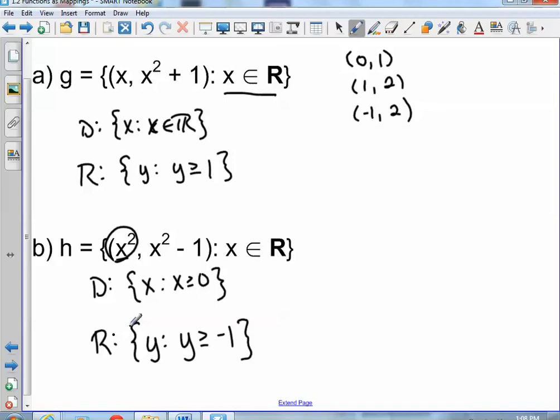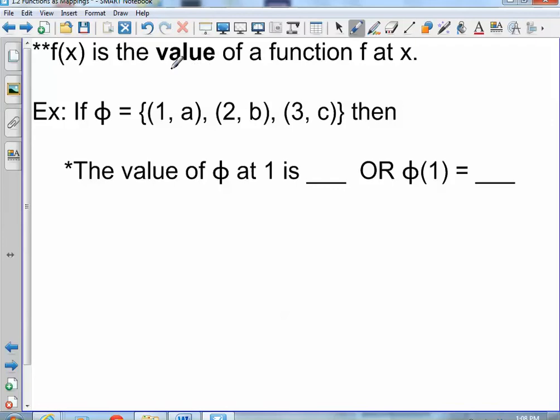We need to get used to some terminology. When I ask you for the value, that's your y. So f of x is the value of a function f at x. It's the y value when you have a specified x variable. So let's say our function phi is 1a, 2b, and 3c.